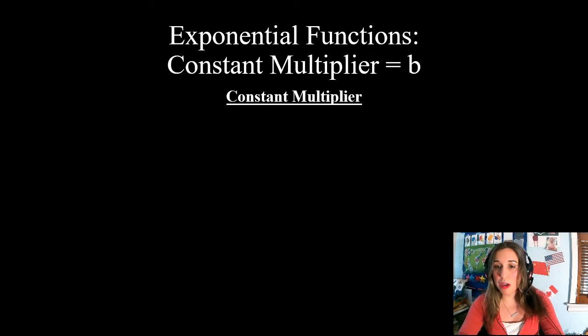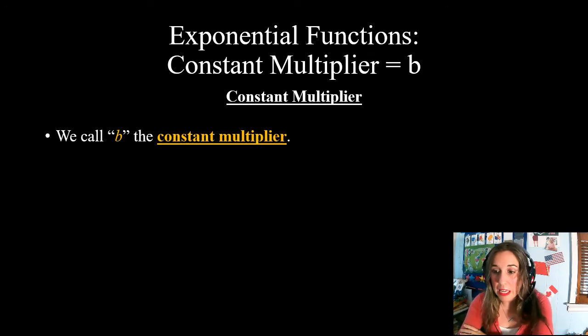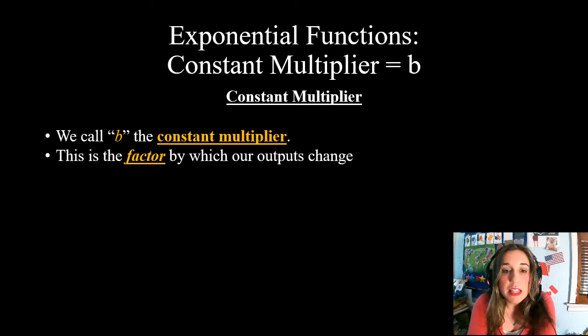Our constant multiplier is called b. It's the b in our general equation, and it is the factor by which our outputs change. That word factor is really important. It implies multiplication. This is different than when we looked at linear functions.